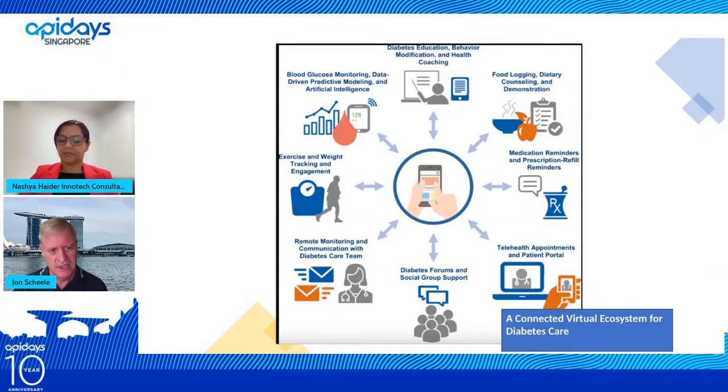But the protection of that data is critical, and only authorized people should be able to access it. And the patient, the person that it concerns, should have the ownership of that, the right to authorize the sharing of that data with different people.